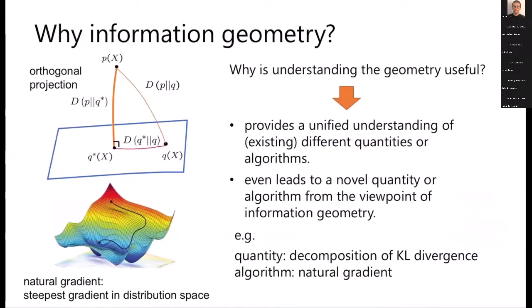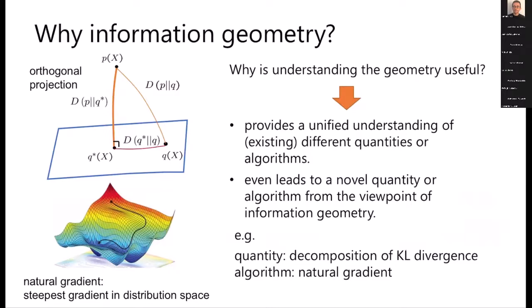Why is information geometry useful? Why is understanding the geometry useful? It provides a unified understanding of existing, different quantities or algorithms, and it can even lead to novel quantities or algorithms from the viewpoint of information geometry.